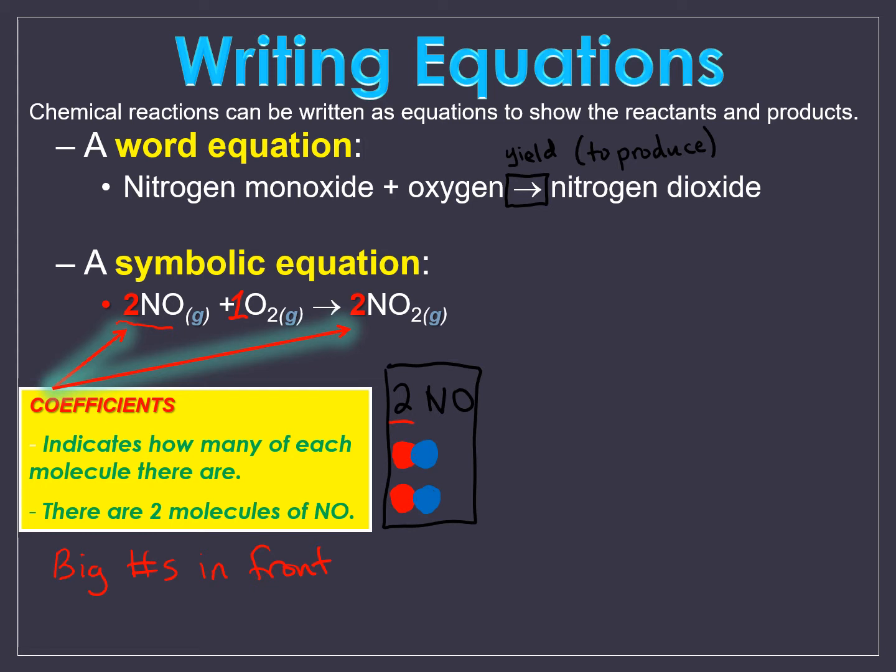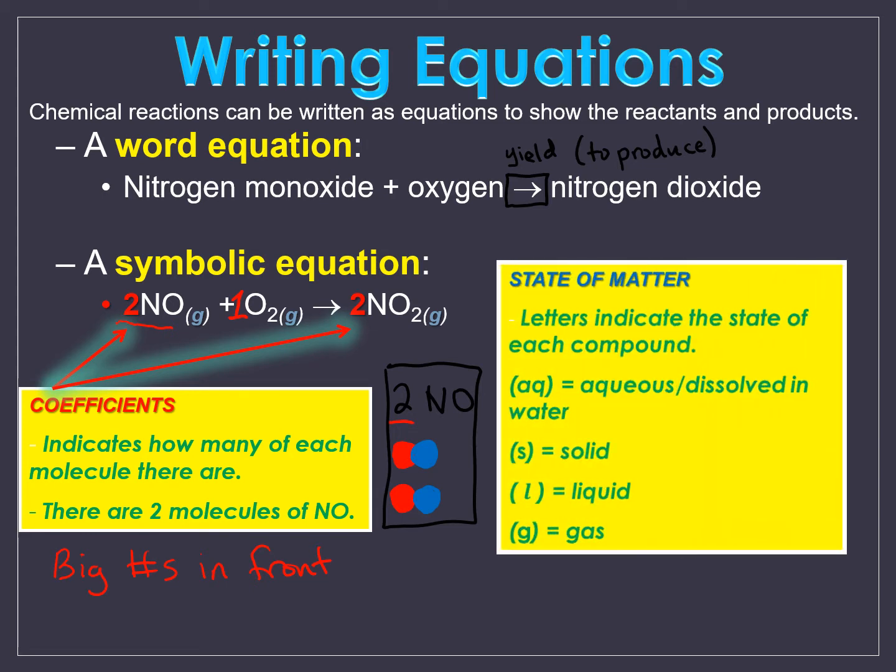Next, if you guys turn your page over, and on the top right-hand side, you'll see the words state of matter. This means the letters that indicate the state of each compound. I'm confident that you guys are familiar with solid, liquid, and gases. So let's put that down. S is for solid, L for liquid, G for gas. And the most important one, in my opinion, would be AQ.